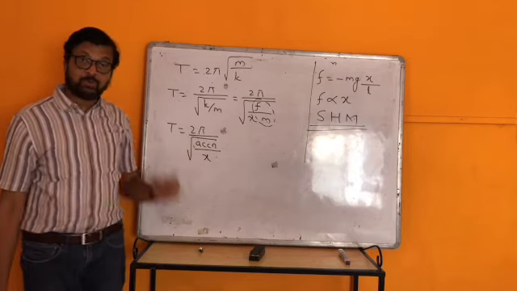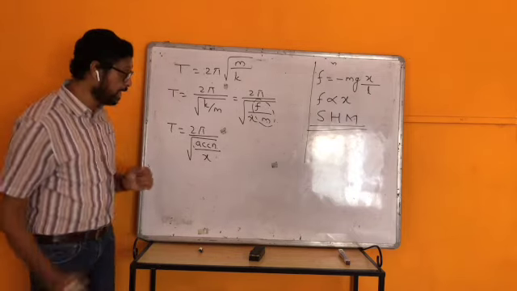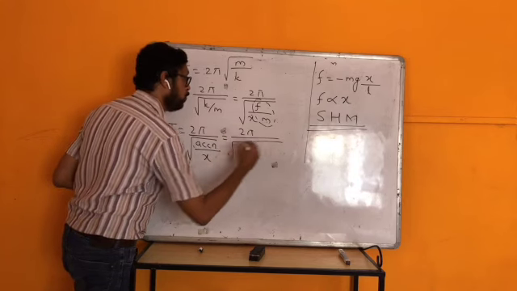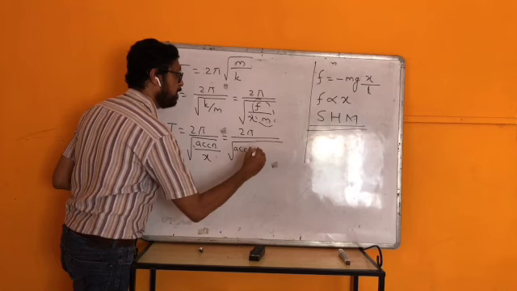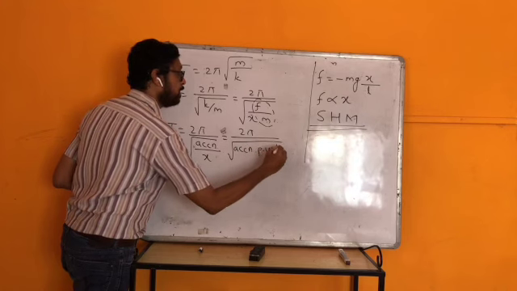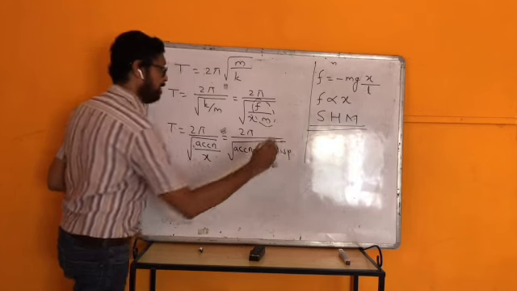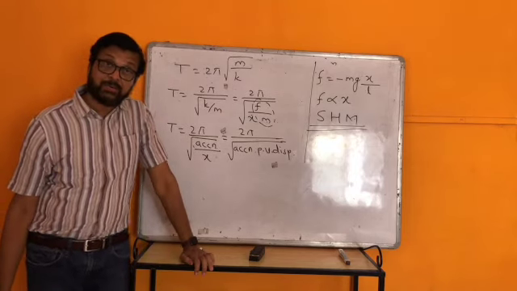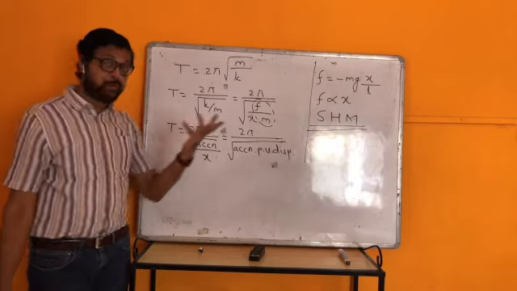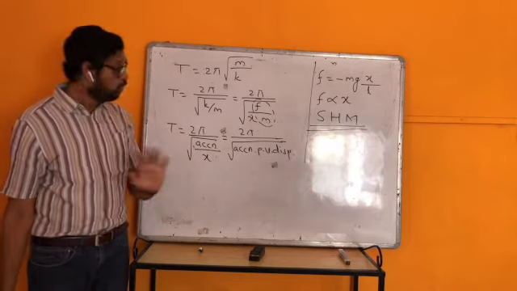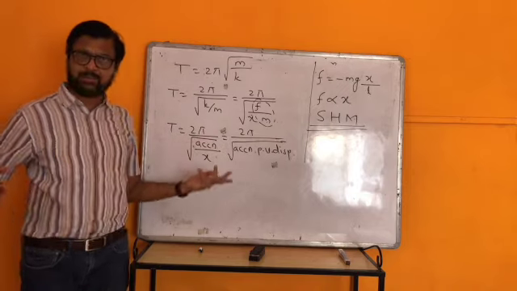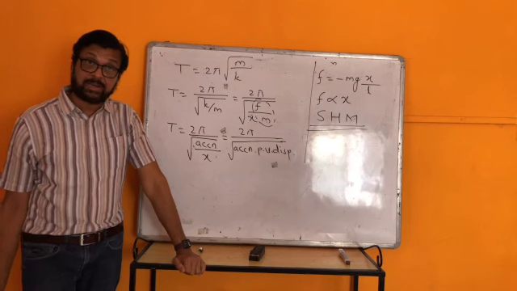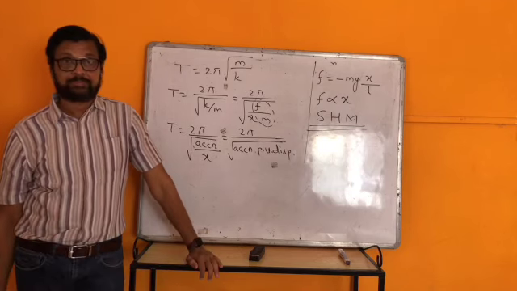So T is equal to 2 pi upon under root acceleration per unit displacement. This is the general formula for periodic time of SHM, not only for simple pendulum. Anywhere you can apply it. Periodic time is 2 pi upon under root acceleration per unit displacement.